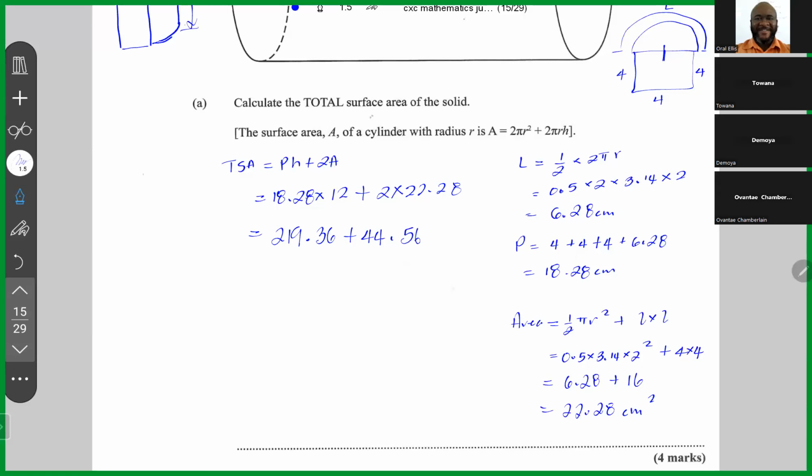Adding 44.56 and 219.36, the total surface area is 263.92 centimeters squared. That's the total surface area.